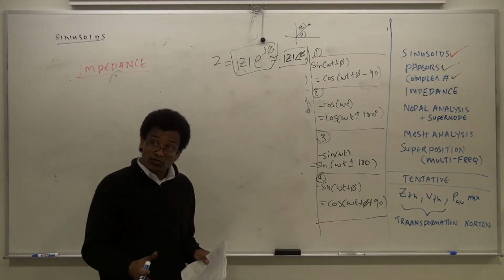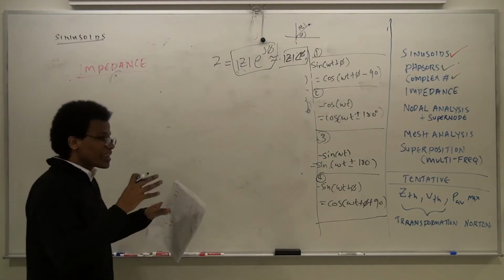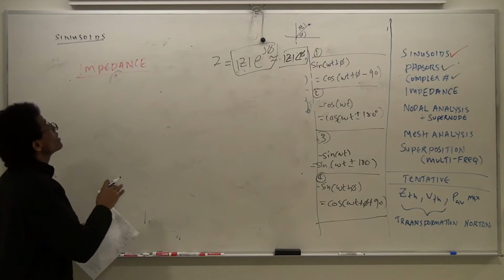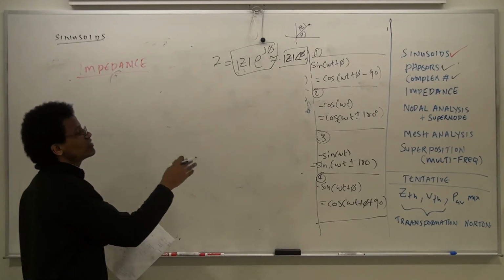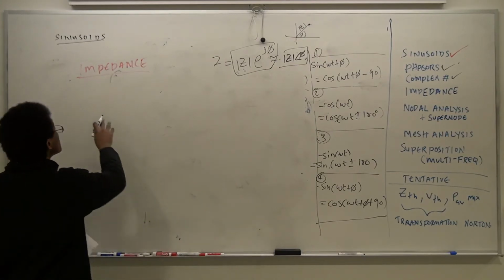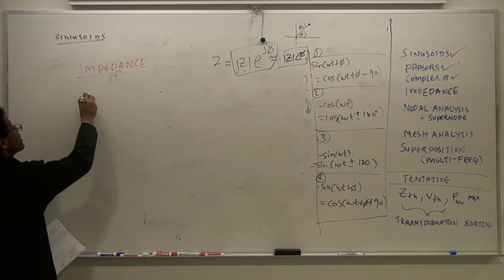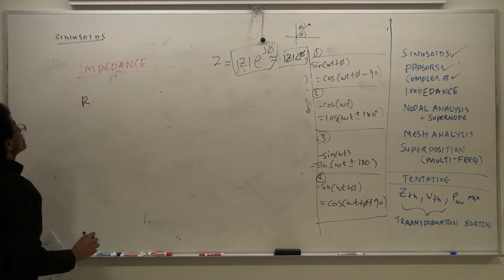In the complex domain, you could have something else. DC is actually the special case of AC analysis with respect to impedance, because the impedance on the DC was purely a resistor, only a resistor, right?